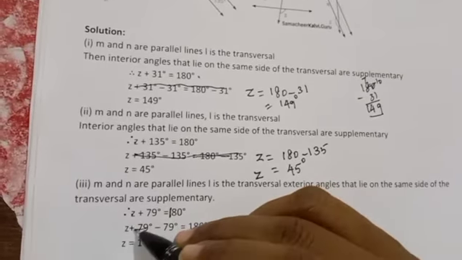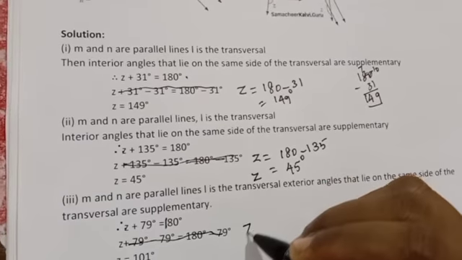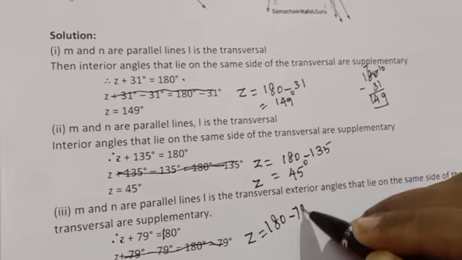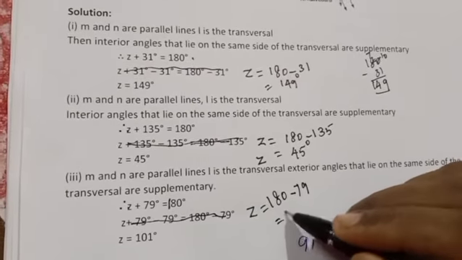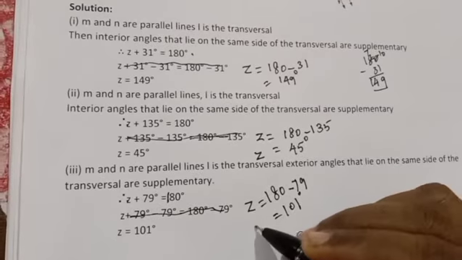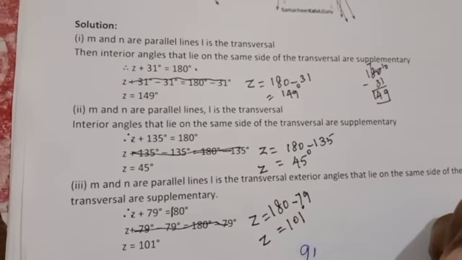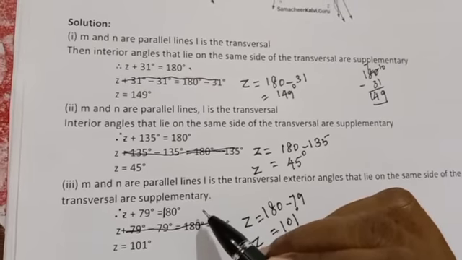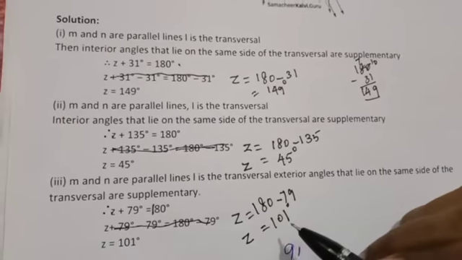Okay, so Z is equal to 180 minus 79. So that is equal to 101 degree. Okay, Z is equal to 101 degree. Transposing this, plus 79 becomes minus 79. Then you have to subtract these two.